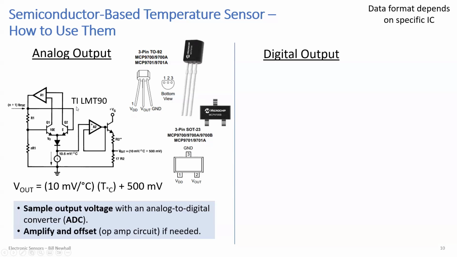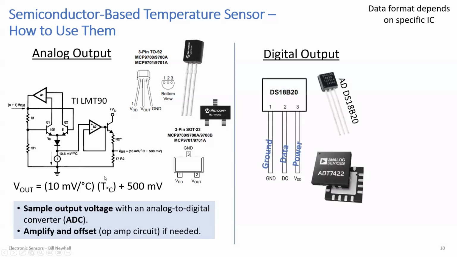All right, so you should be familiar with that by now, but there are temperature sensors that provide digital outputs. So here, if we go back to the left, the analog output device, you apply power, VDD, ground, and then V out with respect to ground is this voltage that represents temperature. For the digital output device, you apply power, you apply ground, and then you get this data output.